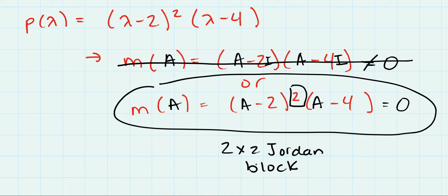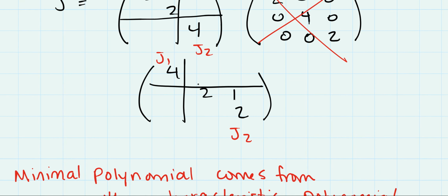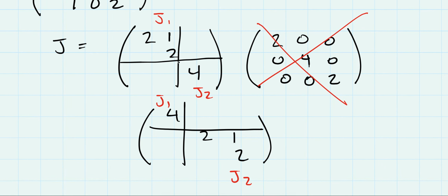And that's going to be the largest Jordan block we have. And then we have an algebraic multiplicity here of 1, which tells us that the largest Jordan block we're going to have involving this eigenvalue is a 1 by 1 Jordan block. And so you can see from our two options, here's a 2 by 2 Jordan block that involves the eigenvalue 2, and this is a 1 by 1 Jordan block that involves the eigenvalue 4.